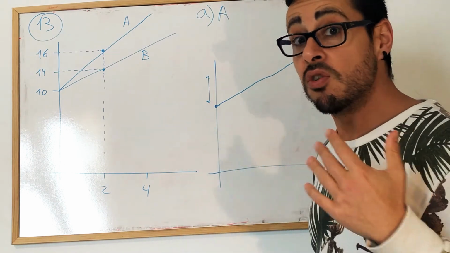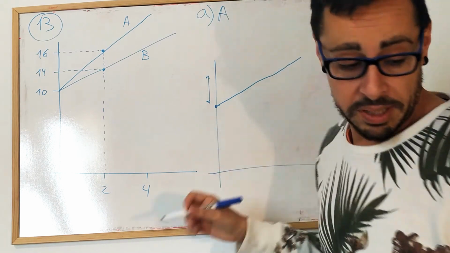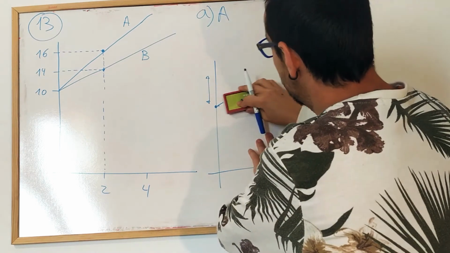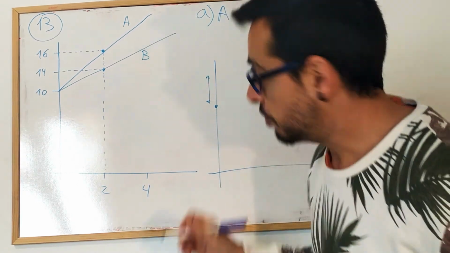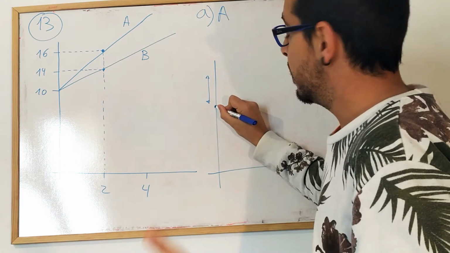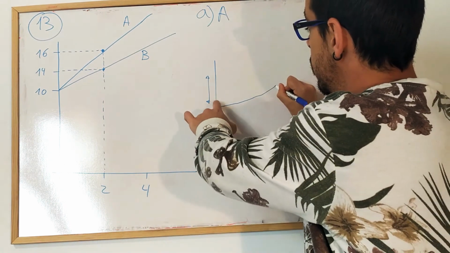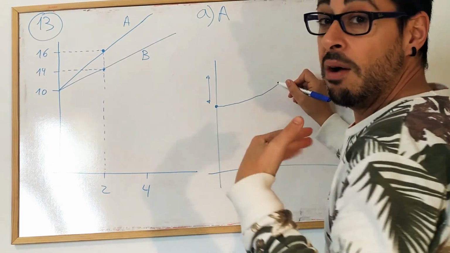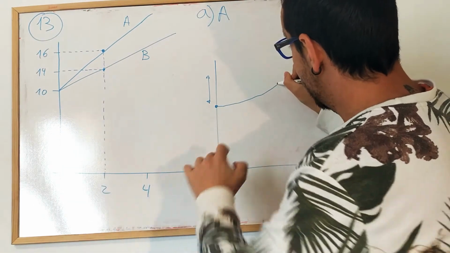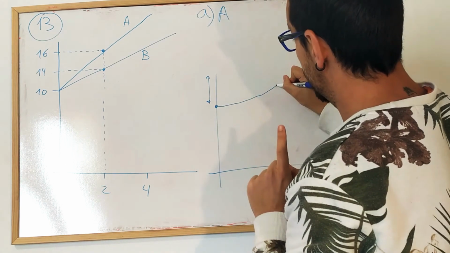If the speed increases, what is going to happen is this, that the line is not going to be straight. It starts here, and it starts slowly, okay? It increases its position, okay, but slowly. But now it accelerates, so the position is going to increase faster.